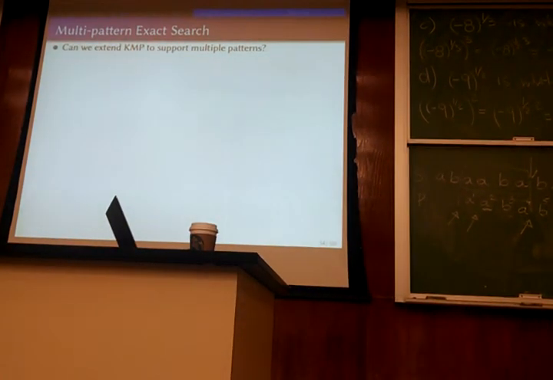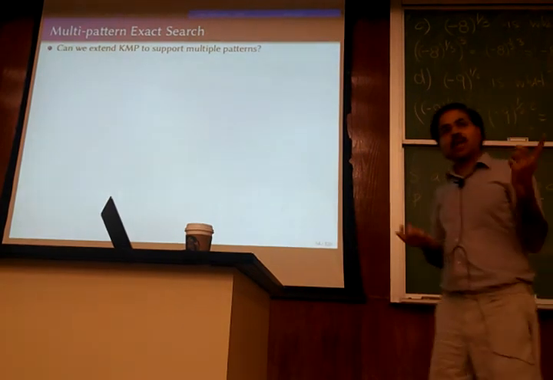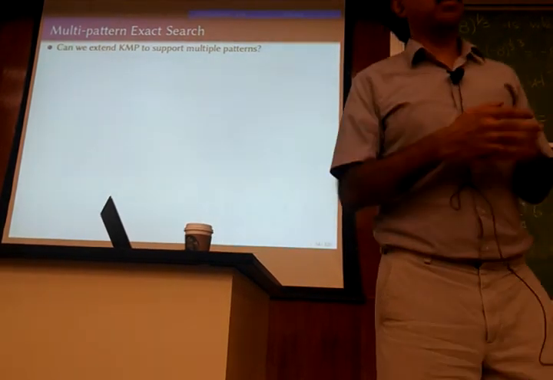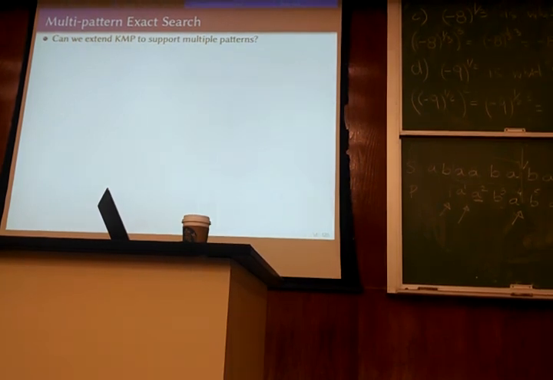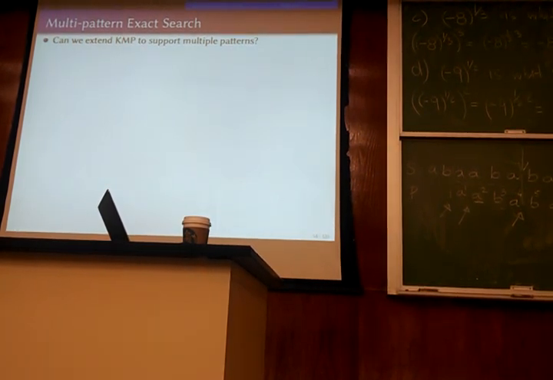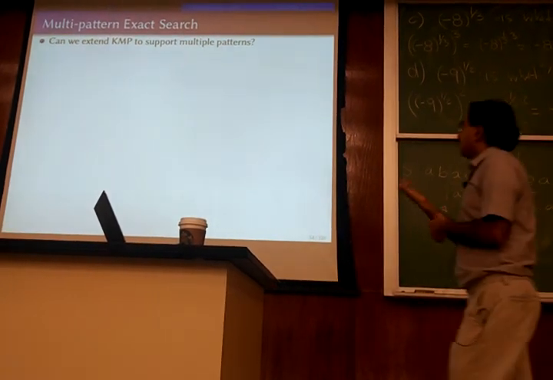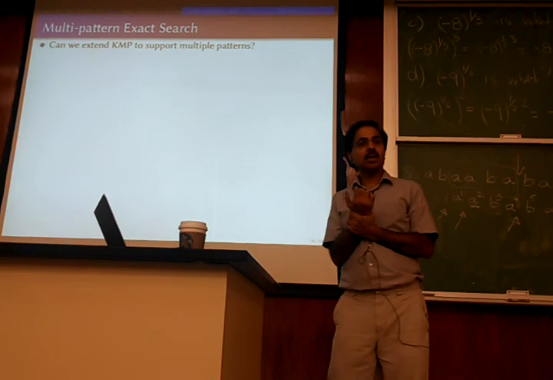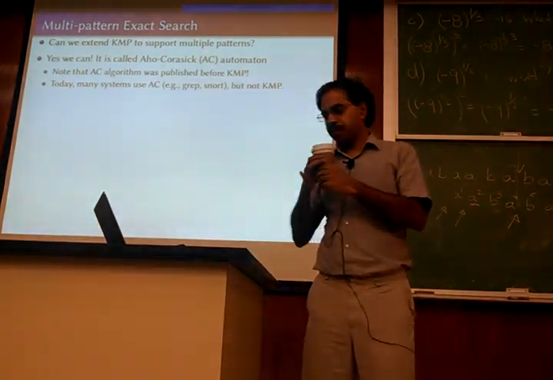But in general, you might be looking for one of n keywords. The question is, can we take this KMP algorithm and generalize it to solve multi-word or multi-pattern search with the same degree of efficiency?